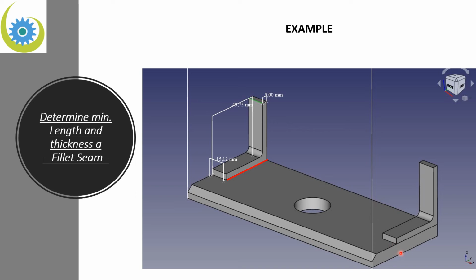I have not marked it here, but please remember the thickness is 10. And we have two angle profiles, but we only have to take a look at one. The angle profile has dimensions of 50 in length, 15 in width, and 5 millimeter thickness. And this seam, the fillet, we want to apply here in red.